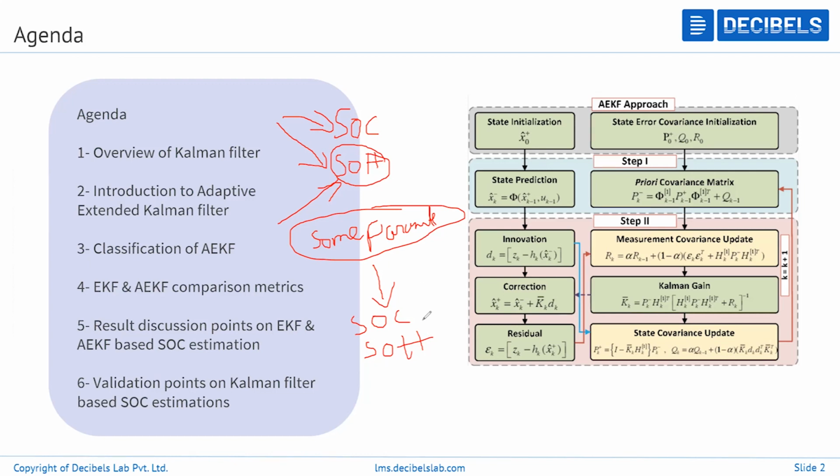How can these be validated? On what basis can we validate? That we'll discuss in brief. I hope I made the agenda clear, so I will move ahead.